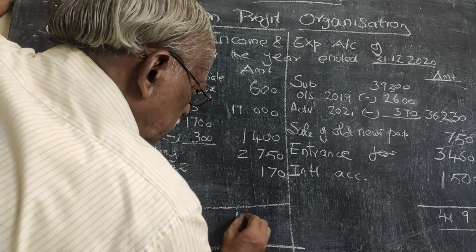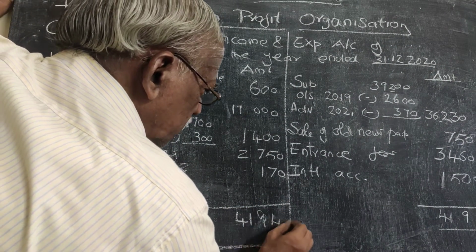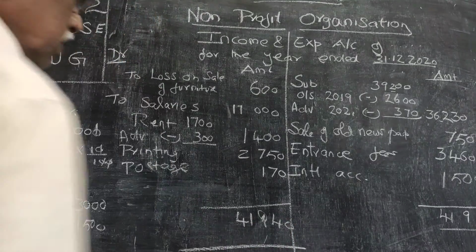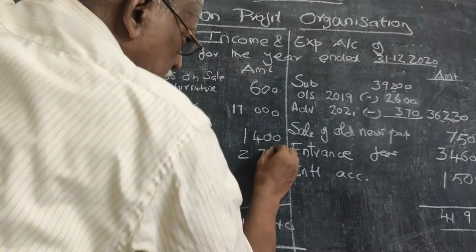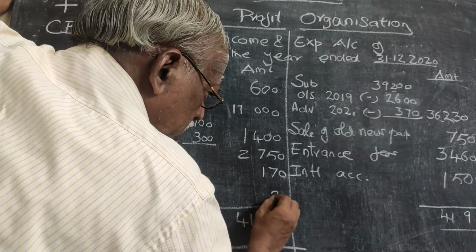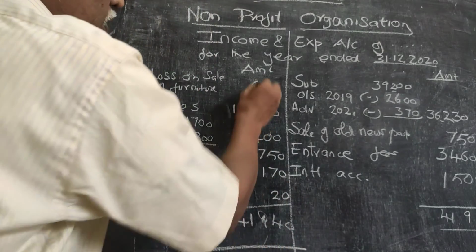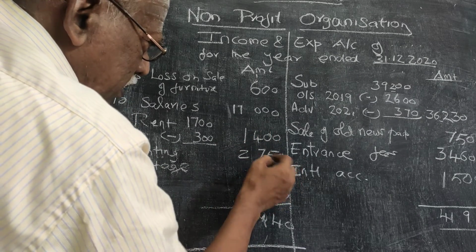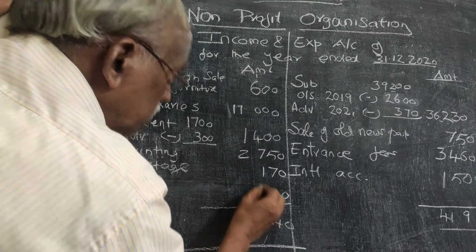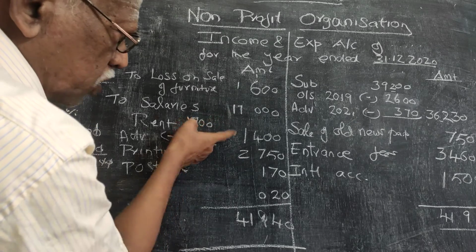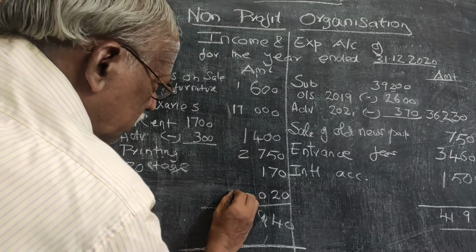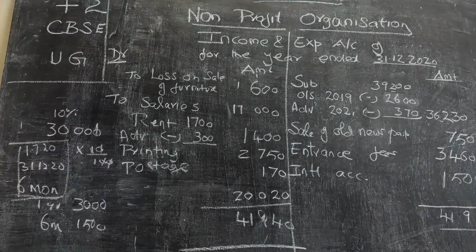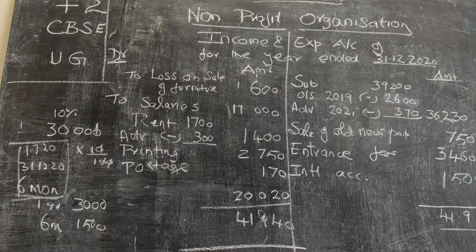Put that here, 41,940. Find the balance figure. So 5 plus 7, 12. Therefore 2, 14. So carry over 1, 7, 11, 12 and then 19. So 0. Carry over 1, 18 plus 1, 19 plus 2, 21. So 20,020, I am getting it as balancing figure.